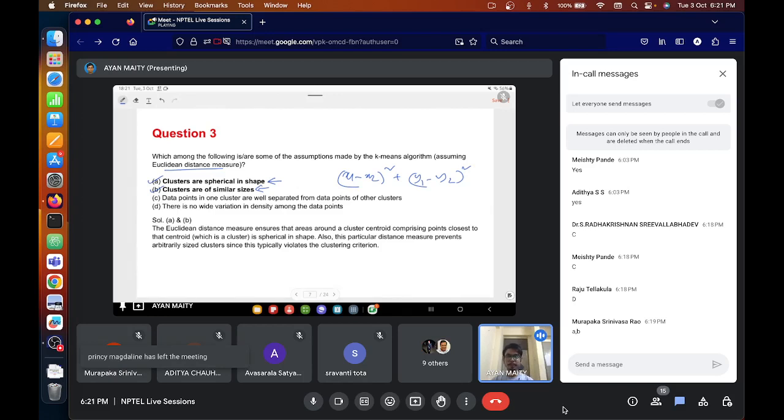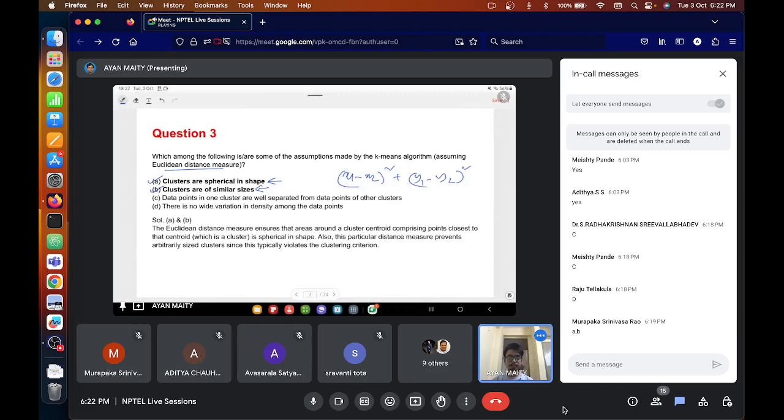K-means doesn't give any importance to density, which might be necessary in some cases, where the density of the data points is much more important than assuming that the clusters are spherical or of similar sizes. And the third option says data points in one cluster are well separated from data points of other clusters. This is also not an assumption made by K-means clustering.